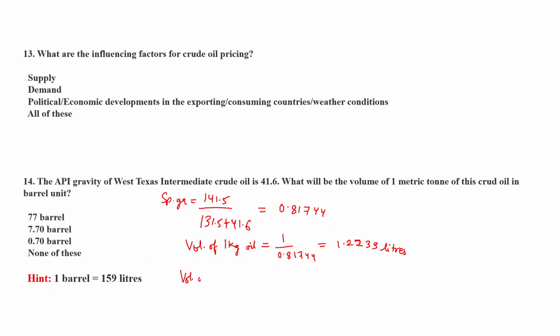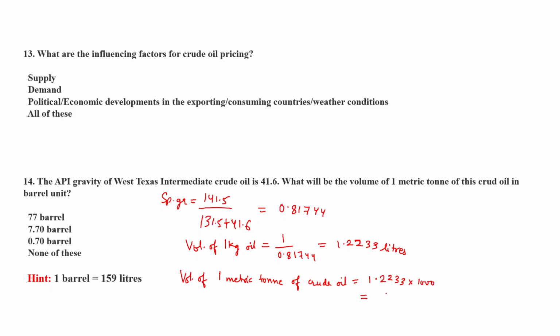So the volume of 1 metric ton of crude oil: 1 ton equals 1000 kg, so it is multiplied by 1000.